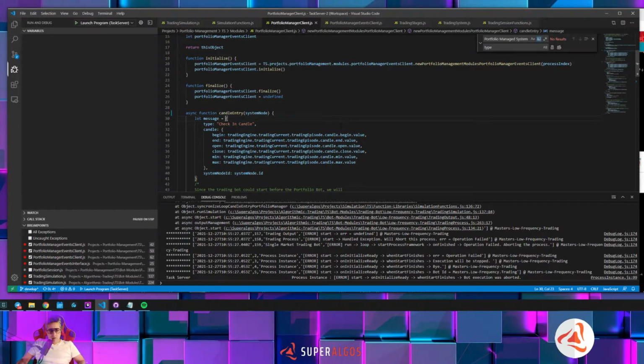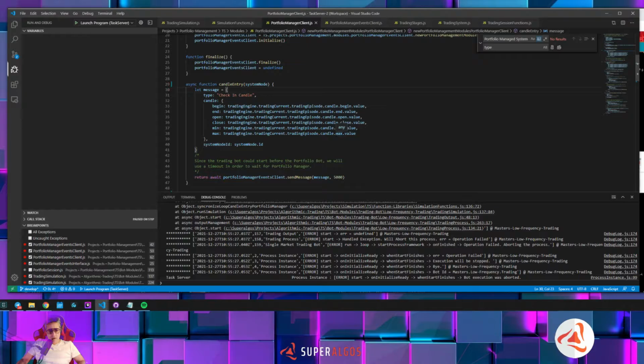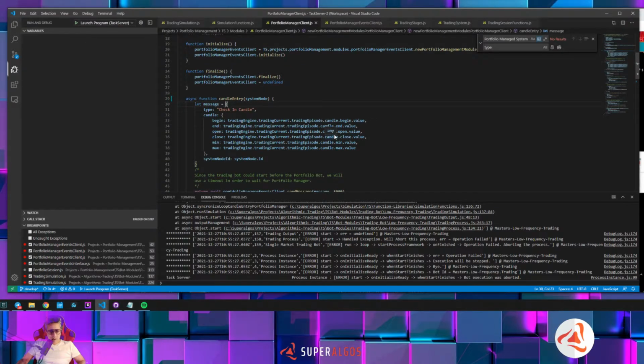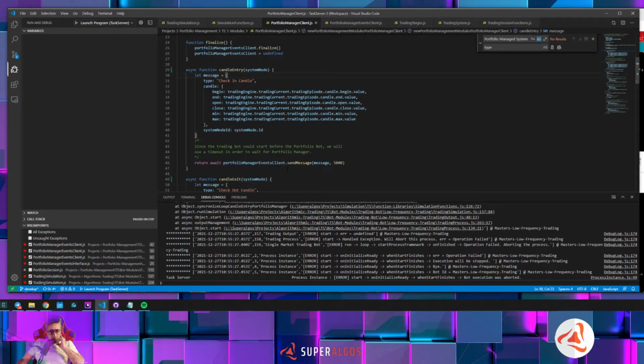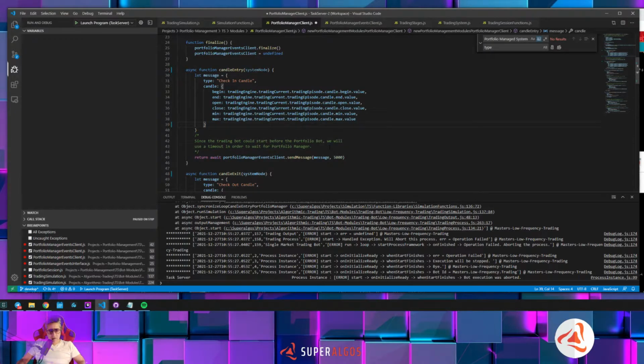So what we're going to do is, and maybe I'm going to remove the stuff that is not really needed. I don't need this system ID. What is this? The portfolio bot is identified by the session key, so this is not really needed.